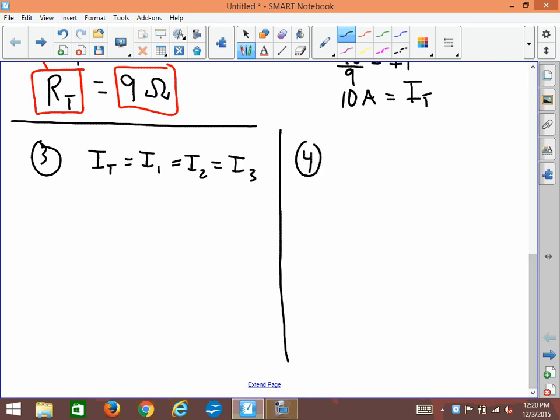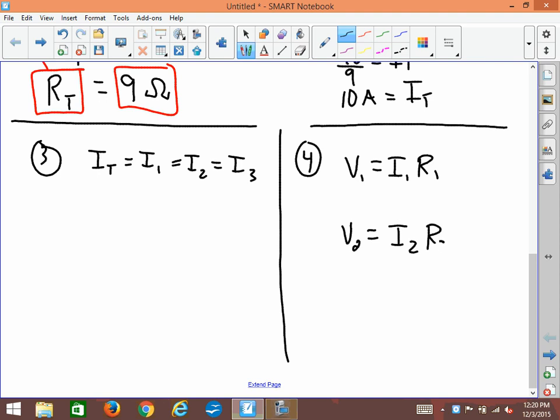Step 4 would be to do V1 equals I1 times R1, and do the same thing at V2, and do the same thing at V3. Now, whoops, 3. Sorry. Now you can show your work here. It's a good idea to show your work. Oh, I did it again. All right, V3, I3, R3.